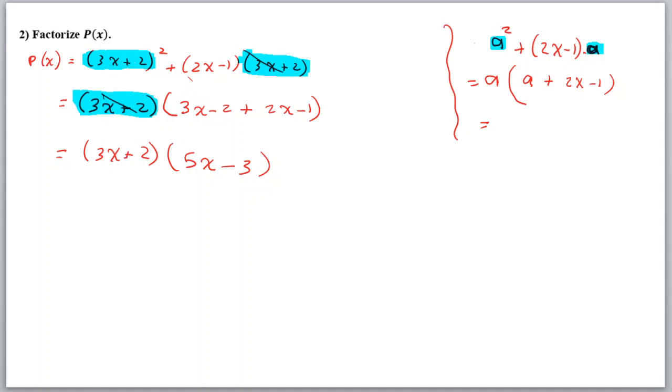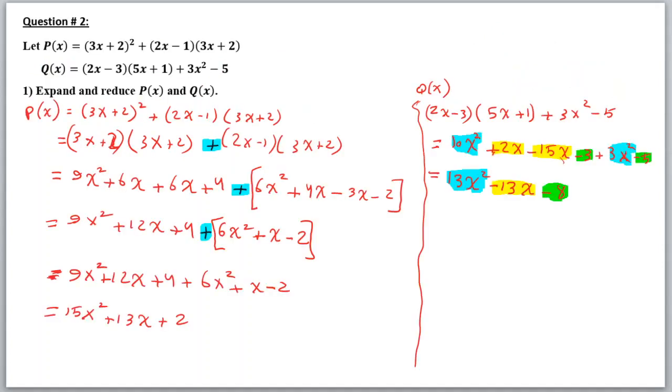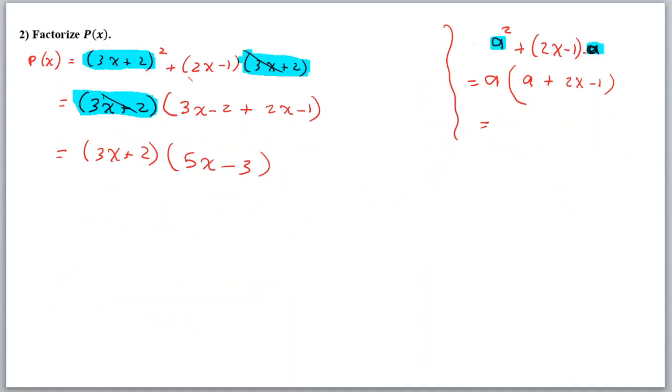Sorry, here I wrote it by mistake 3x minus 2. So 3x plus 2 here. Do you divide? We get 3x plus 2, and here 2x minus 1, yes, sorry, by mistake. This becomes 5x plus 1. Okay, and that's it.